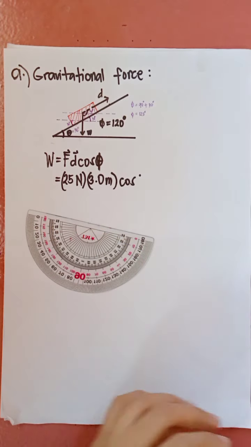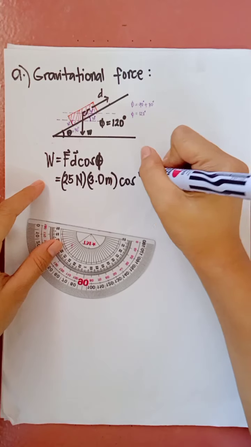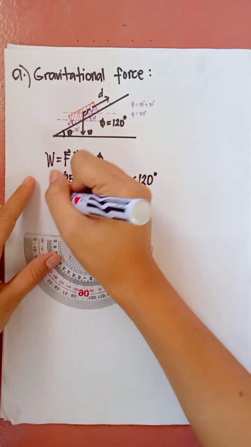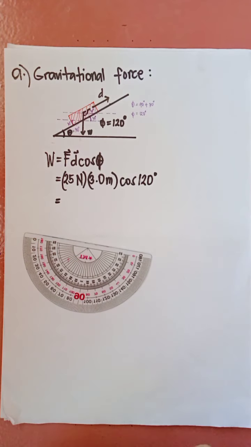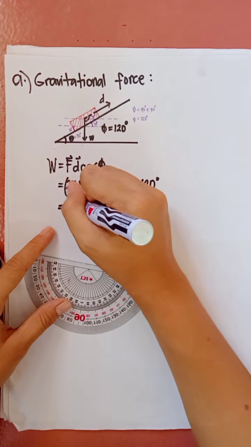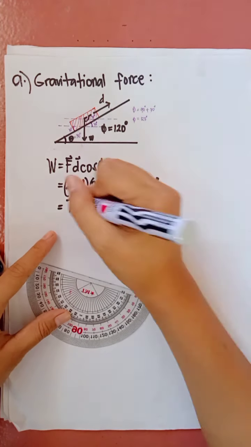And that is what we use there in our equation, or what we are going to substitute. Okay, and then we will simplify. So 25 times 3 is 75 newton meter.